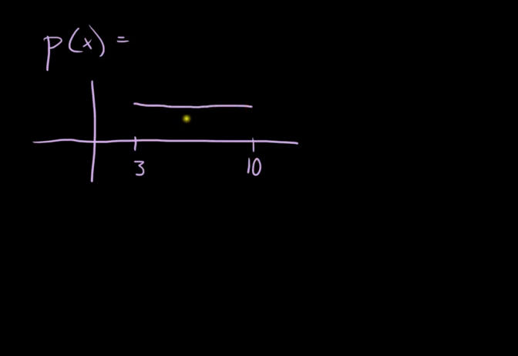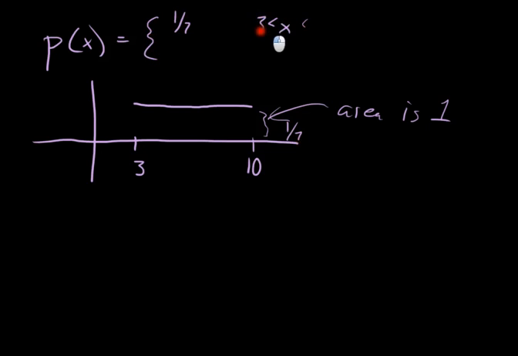Well, we know the probability of this whole area needs to be 1, which means this height here, since the bottom's 7, the height had better be 1/7. So our P is going to be 1/7 if X is between 3 and 10, and it's going to be 0 for any other X.